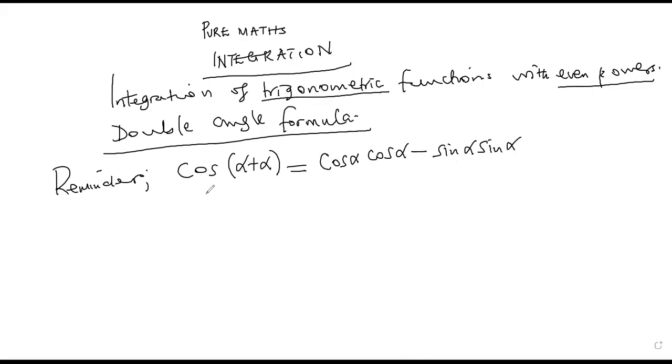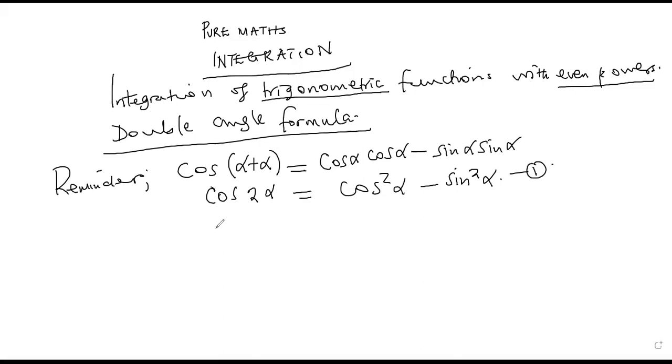Now, when you work on this, cos 2 alpha is equal to cos squared alpha minus sine squared alpha. If I call this equation 1, this is the first double angle formula in terms of cos that I can put on the table.